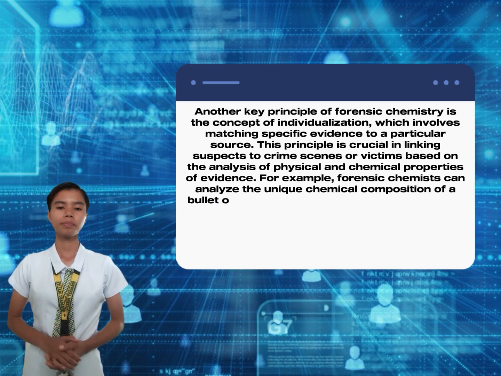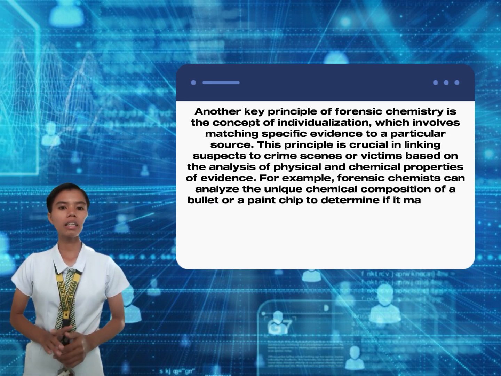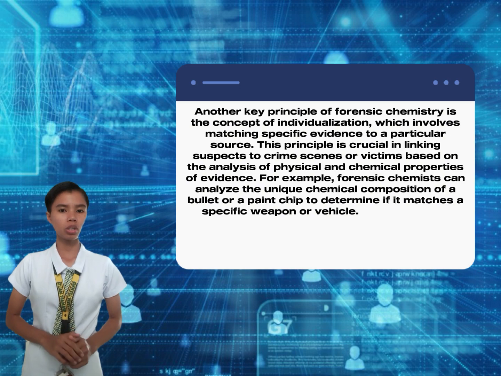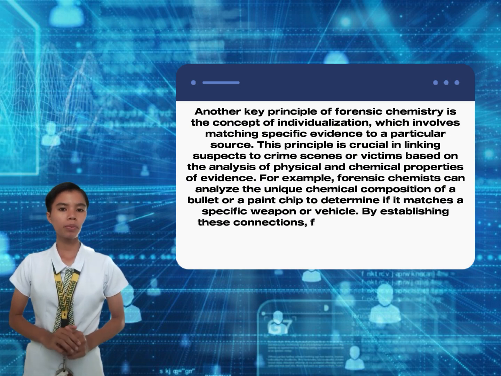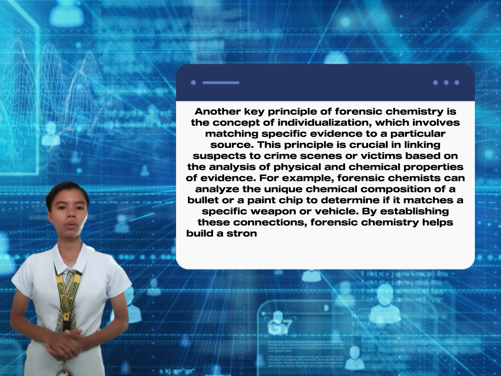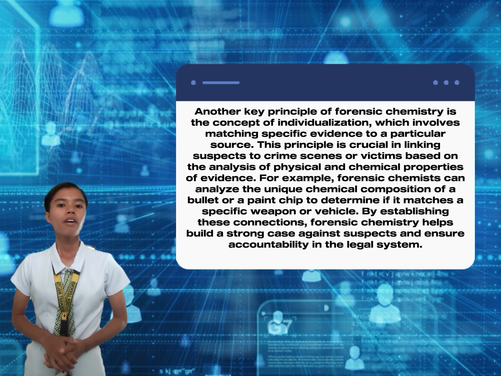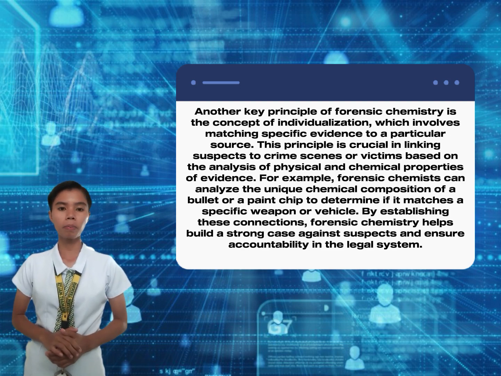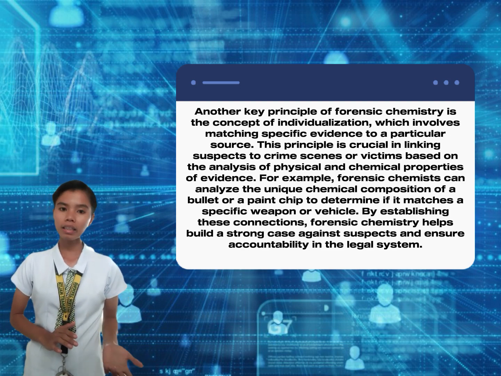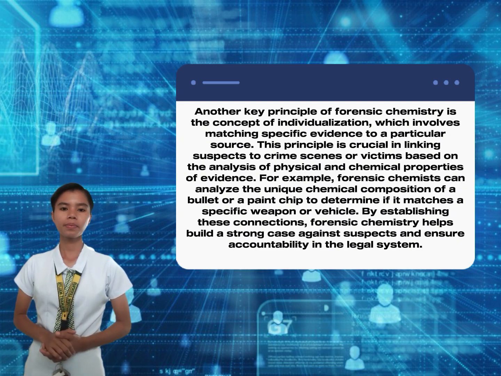For example, forensic chemists can analyze the unique chemical composition of a bullet or a paint chip to determine if it matches a specific source. By establishing these connections, forensic chemistry helps build a strong case against suspects and ensure accountability in the legal system.